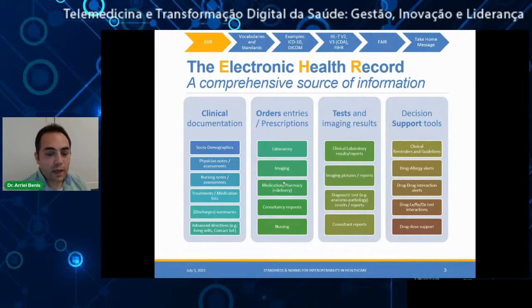And also we have all the clinical data related to medical exams, nursing assessments, and also something very important, the advanced directives like the contact in case of emergency or living will.